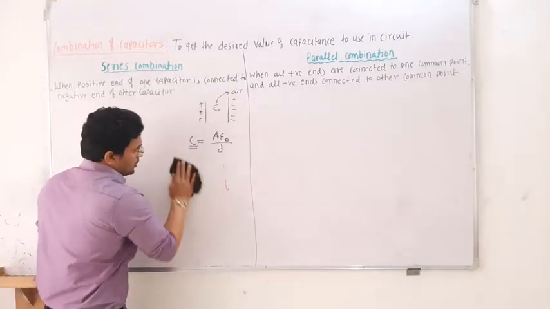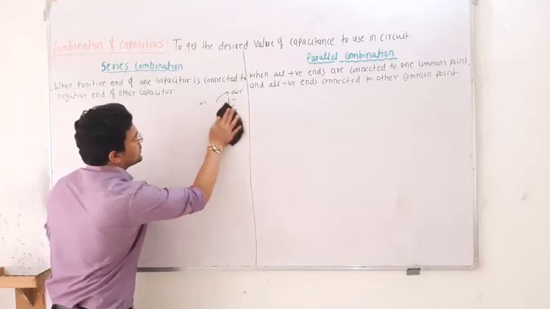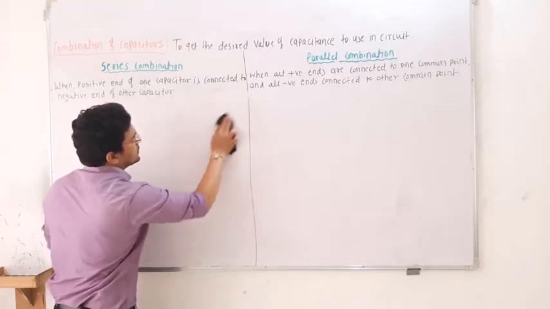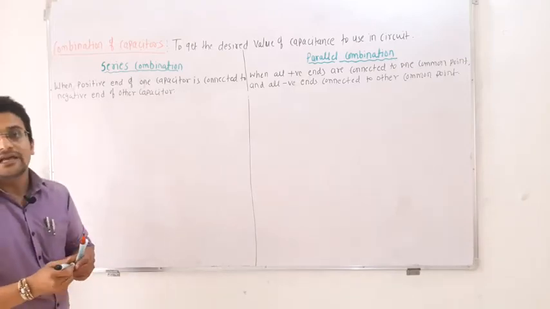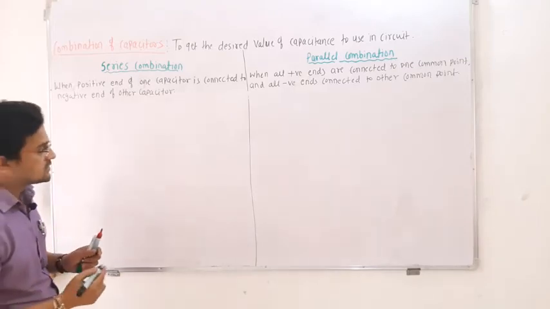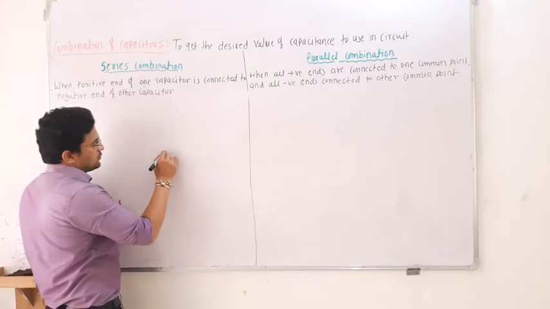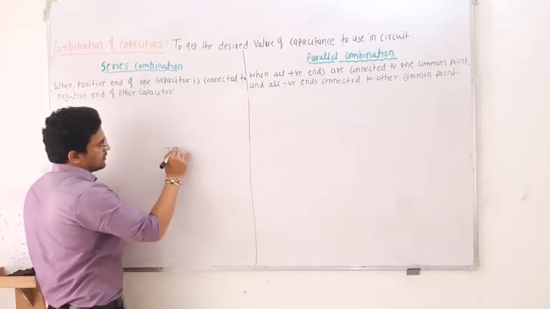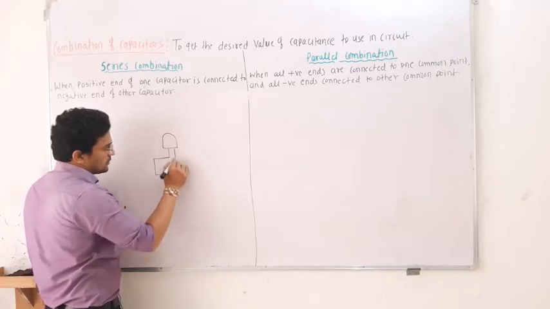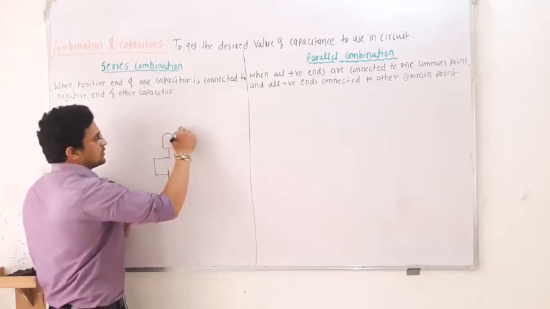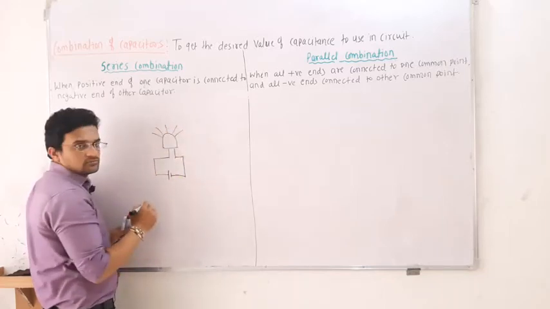Next is combination of the capacitors, that means how you combine the capacitors to get the desired value of the capacitance. Just like if you have an LED bulb connected with only one cell, it will give only a little light.